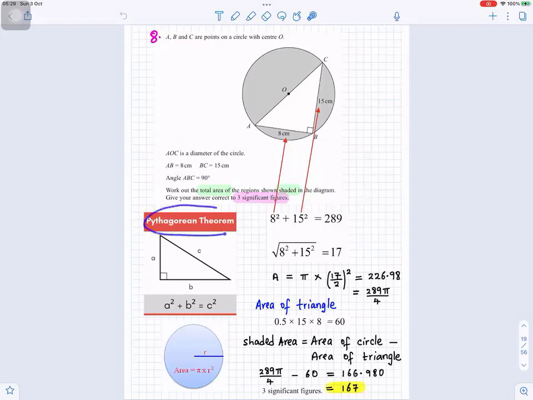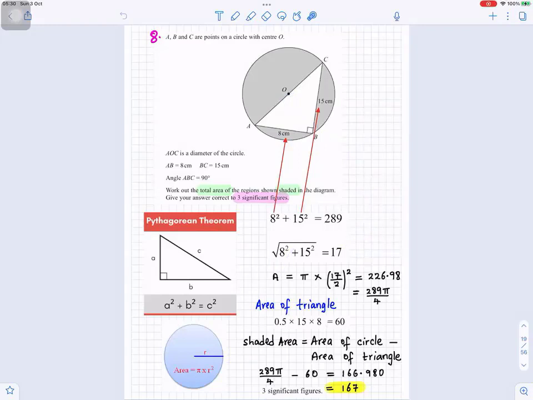Pythagorean Theorem, we're going to use that. A squared plus B squared equals C squared. So 8 squared plus 15 squared is equal to 289. And the square root of that is 17. So that gives us AC to be 17.